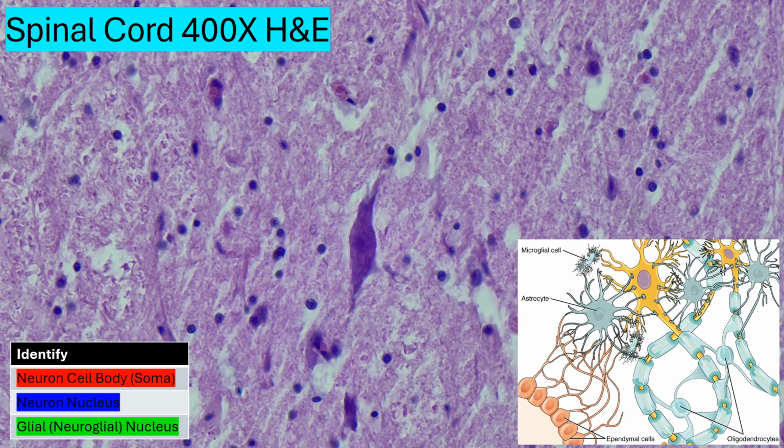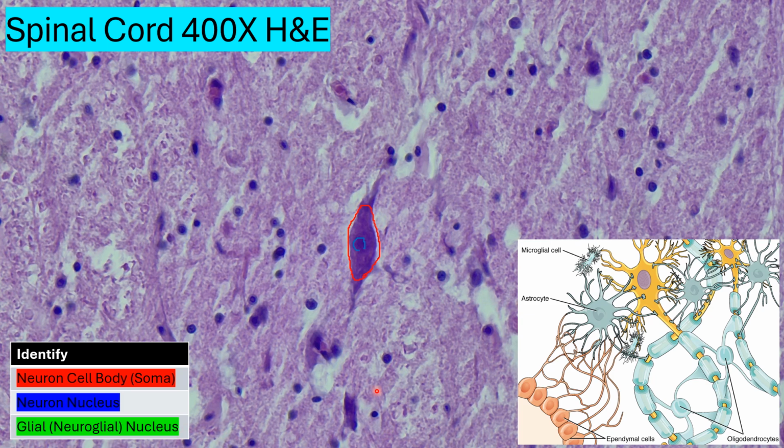So to start off, we're going to outline the soma, or the cell body of a neuron, and inside of that, we have a nucleus right here. So both this soma and the nucleus of a neuron. There's only one neuron on this slide. That means that the rest of these dark staining purple dots, those are our glial cell nuclei.